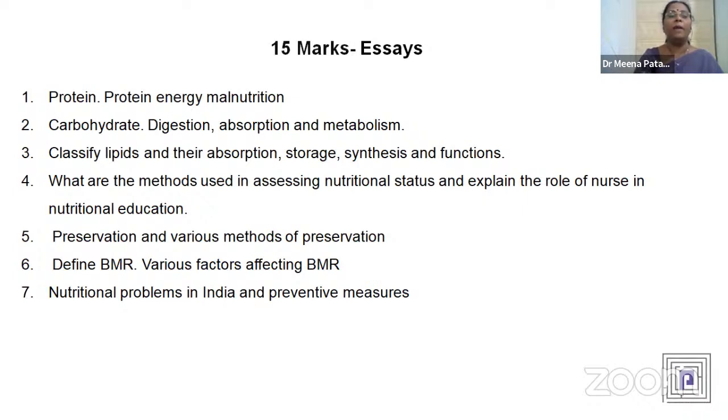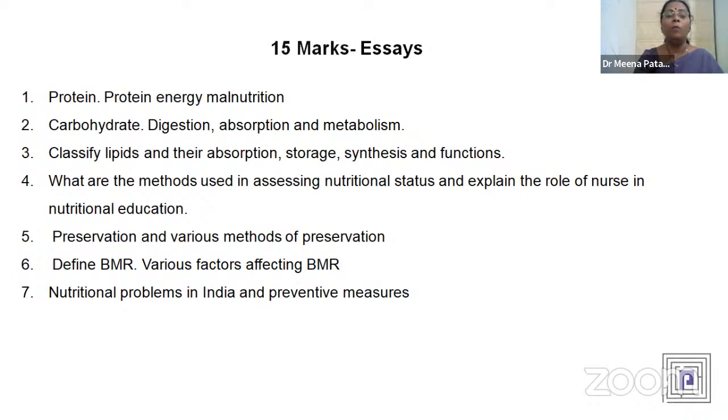Then the next para, you write about digestion of carbohydrates: the enzymes, the juices needed, and in which part of the gastrointestinal tract the carbohydrates are digested. The next subheading is absorption, with details of absorption, and the third subheading is metabolism. So how do the carbohydrates get metabolized in the body?